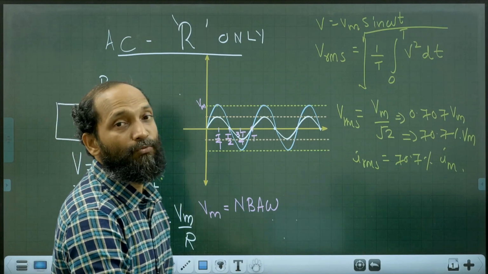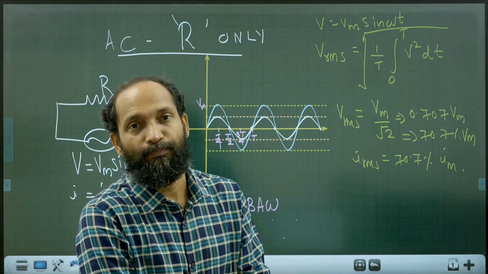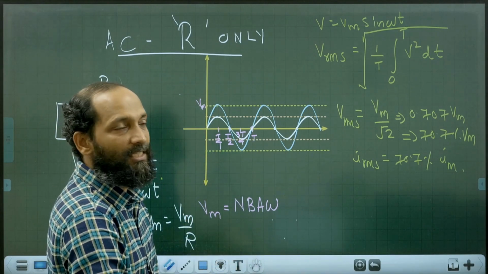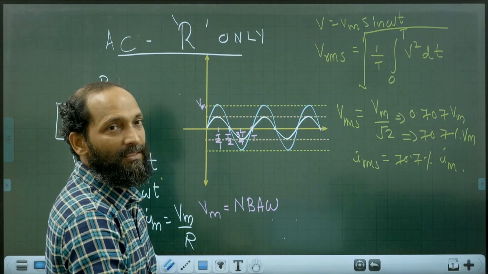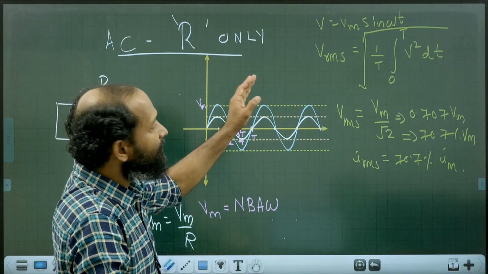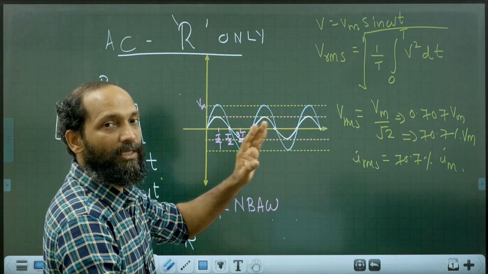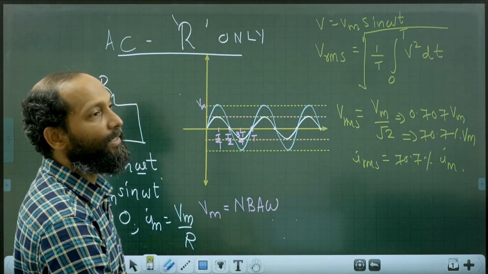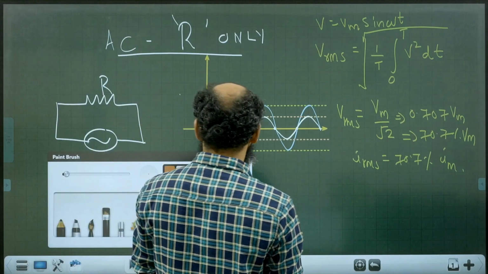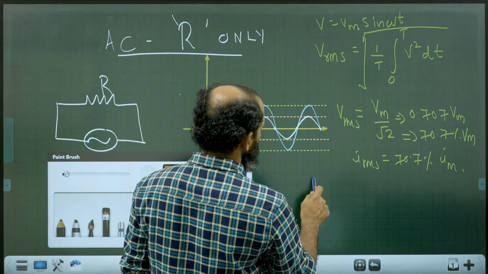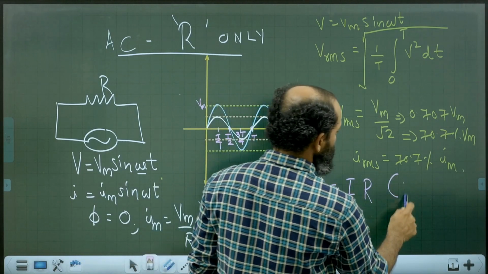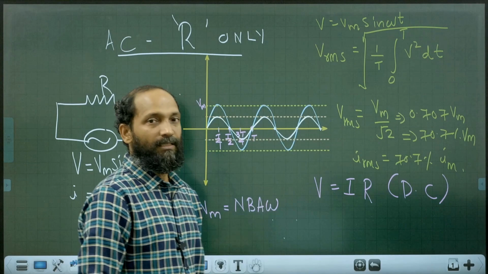Average value of AC over one cycle is 0, but root mean square value is chosen as the equivalent DC. By using these root mean square values, you can convert an AC equation into a DC equation and vice versa. For example, we have already learned Ohm's law, V equal to IR. This is defined for DC situations.